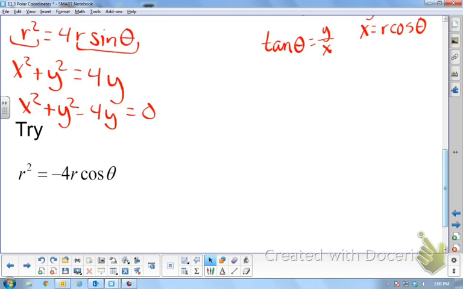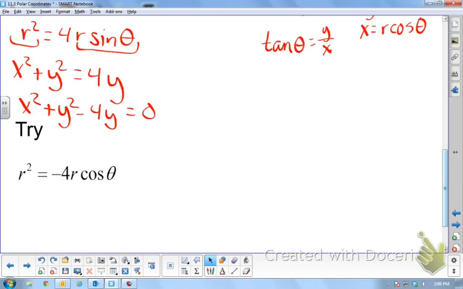So this one's more like our rectangular. This one's more of a plug and chug. I don't really have to do anything to it at all except replace. If we replace, what should we get for our final? X squared plus y squared plus 4x, just for x, not for x squared, equals cosine theta.